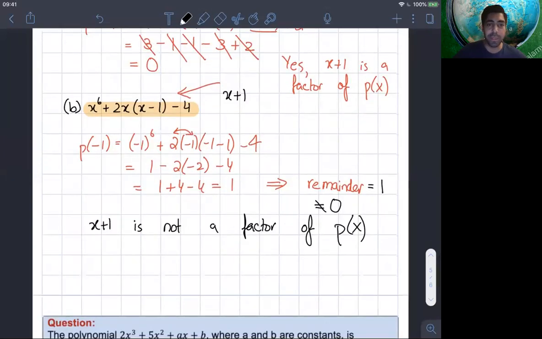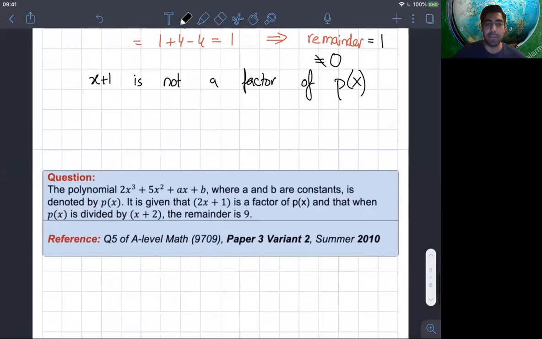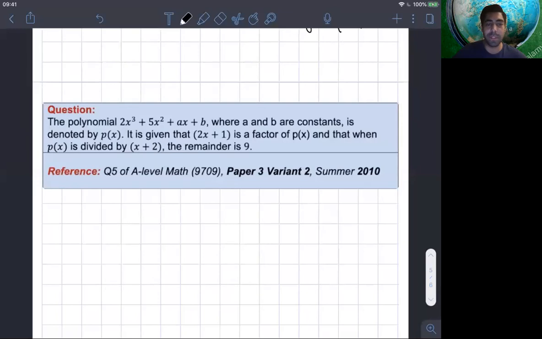Okay, so that's pretty much it for this lesson. I have this question right here. You can see the reference at the bottom. Again, I'm not going to solve this, but let me just write it down.